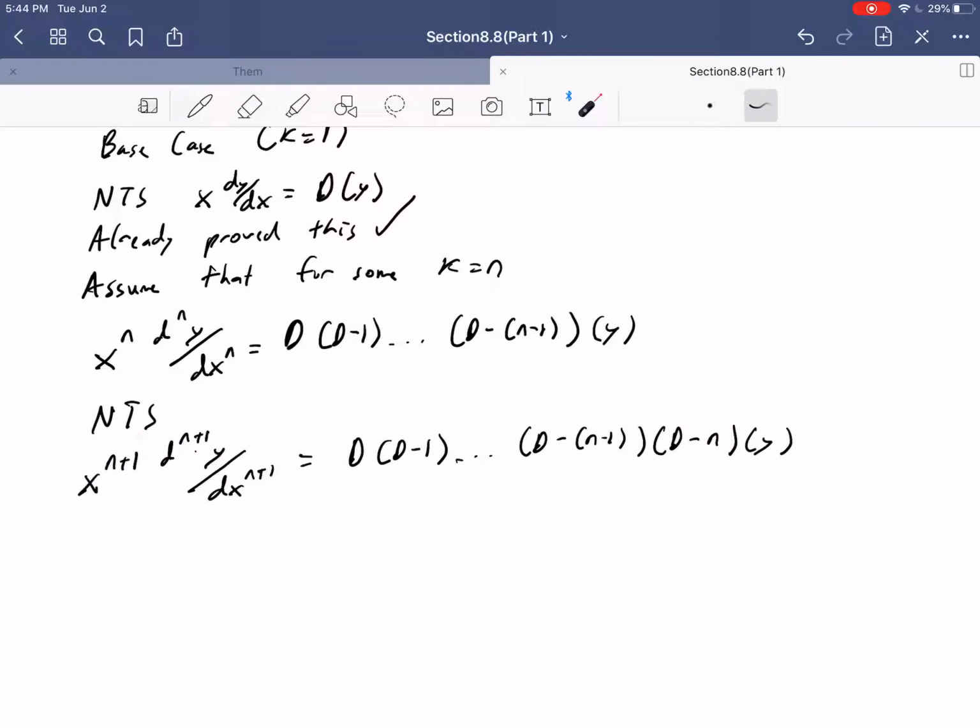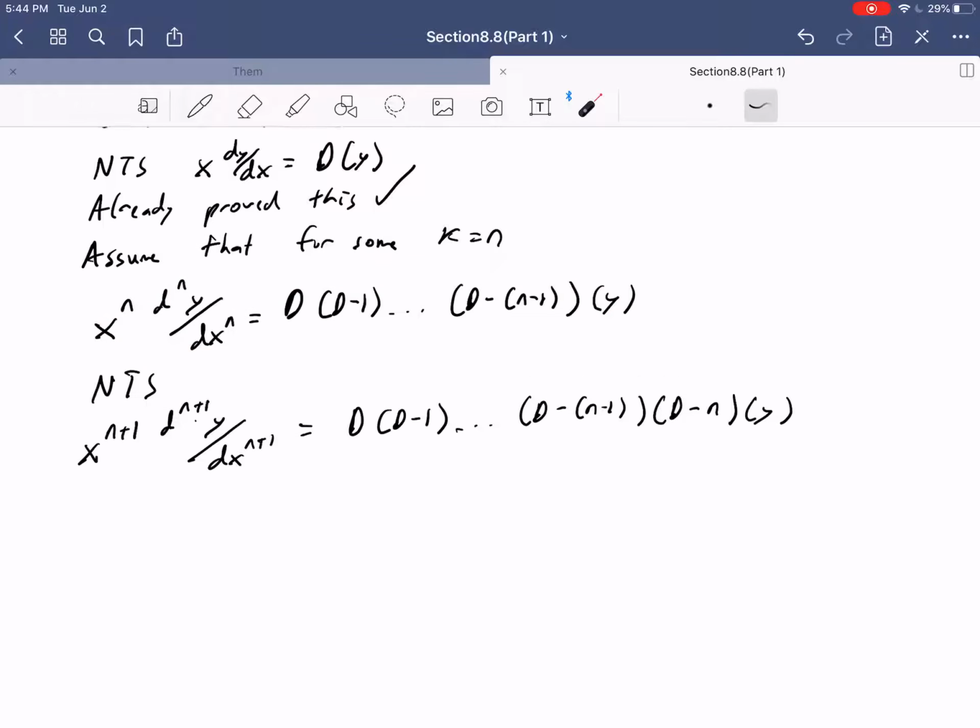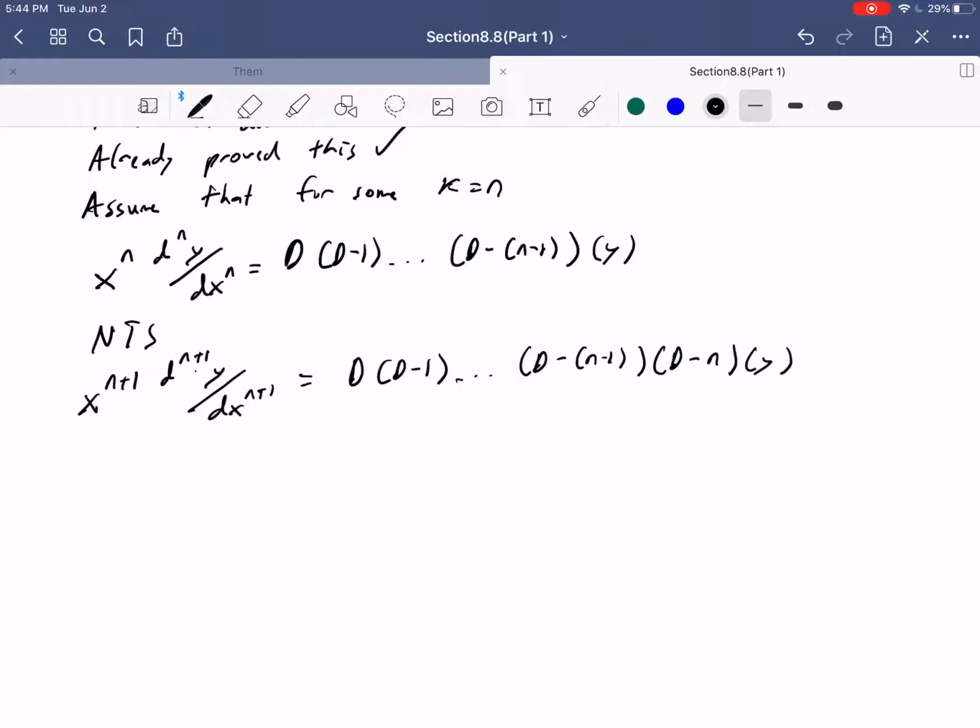So let's start from one side and see if we can work to the other. Now, it might not be immediately clear how we're going to even get to this. But if you think about it, this expression here involves the n plus first derivative. So it might be a good idea to start with something that involves the nth derivative. So let's start with our inductive hypothesis.